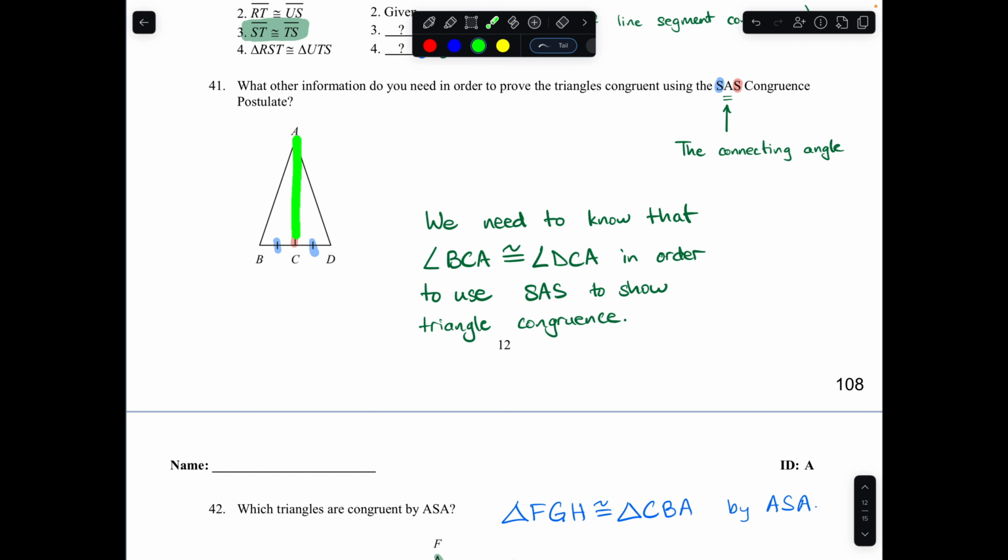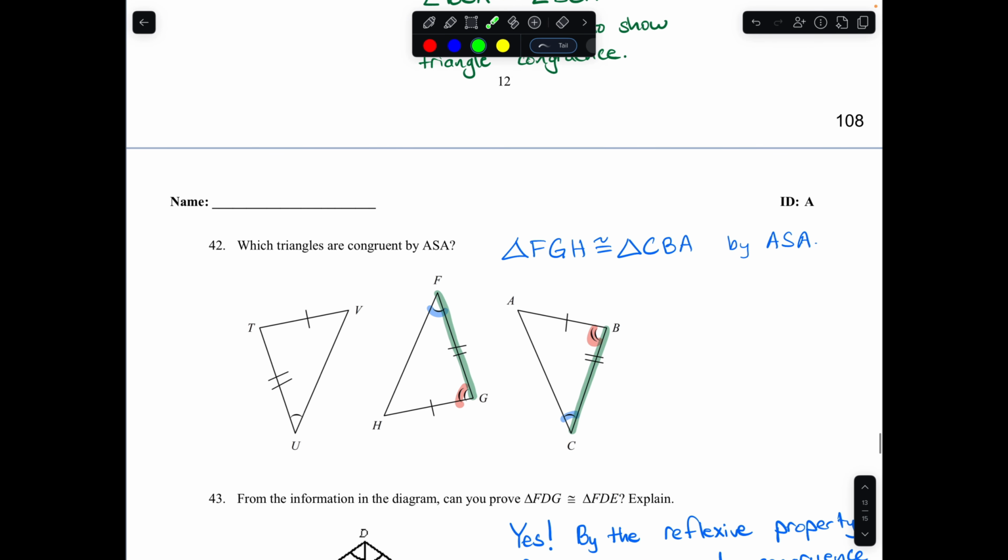AC, line segment AC, is congruent to itself in either triangle. If we want side, angle, side, we need the angle in between to match the other angle in between. So we need to know that angle BCA is congruent to angle DCA. And if we have that, then the triangles would be congruent by side, angle, side.